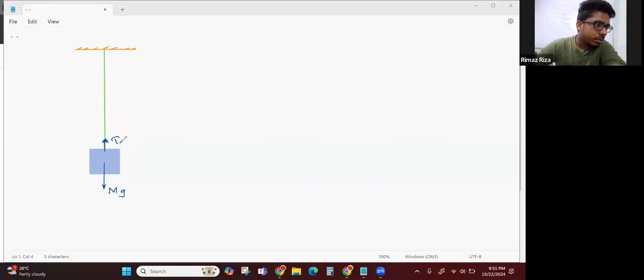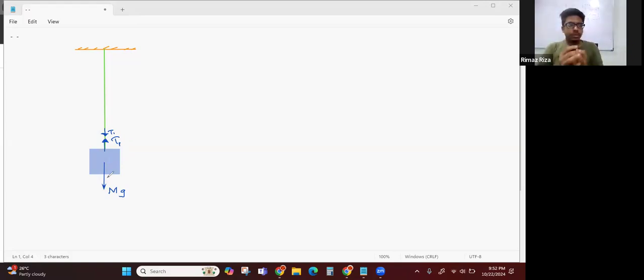Let us mark that as the tension acting on the box by the string, T1, and an equal and opposite tension force will be acting on the string by the mass, because the mass pulls the string vertically downward because of the weight.